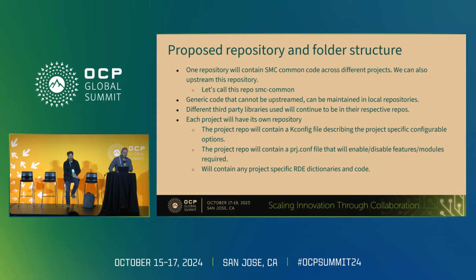So we decided that we technically will break it down into a couple of repositories. One repository will contain Zephyr itself and all the drivers, and every vendor will be responsible to maintain it. Another repository will contain generic stuff that whoever wants to implement something based on AMC will be using.